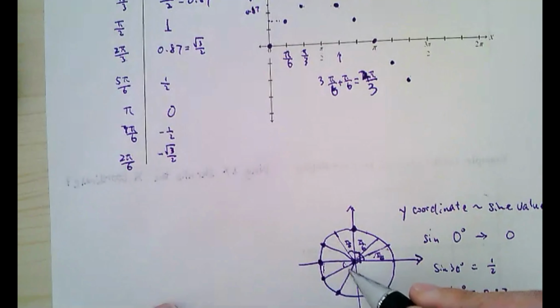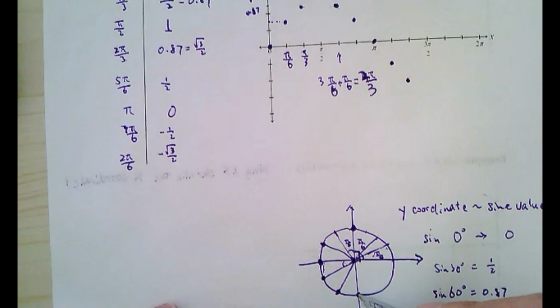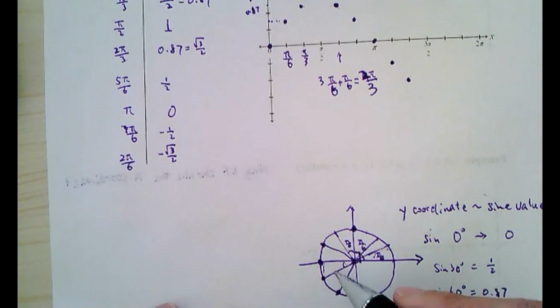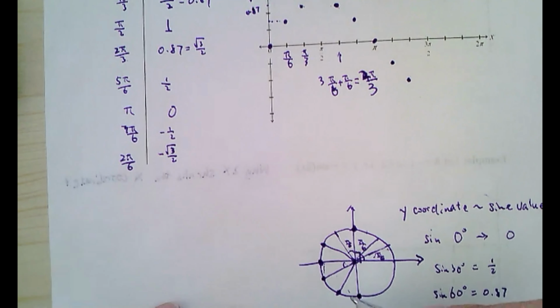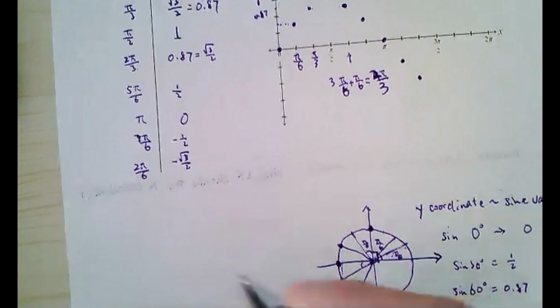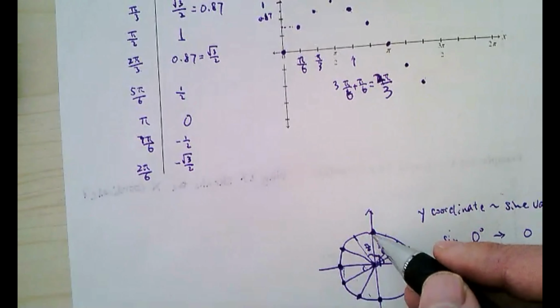What if you move another pi over 6? Eventually you get to here. Okay. What's the y coordinate for this guy? Can anyone tell me? Would it be -1/2? Very good. So it's just the opposite of this point.